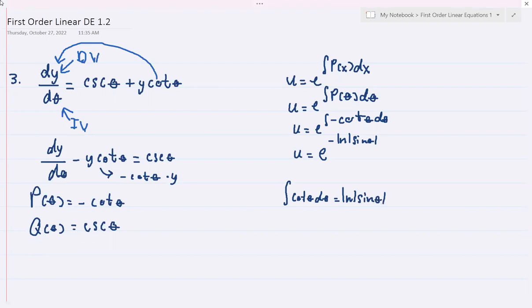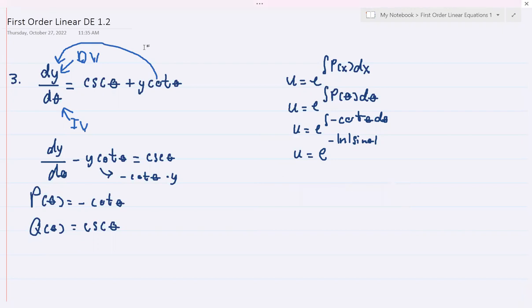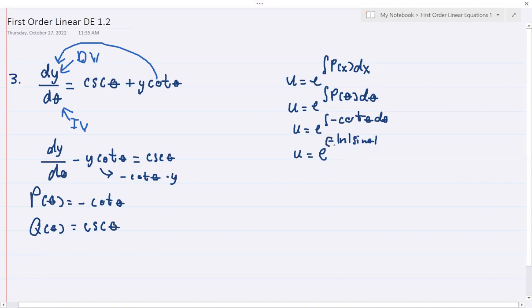So you can have e raised to negative ln of sine theta. And remember that we simplify by the laws of logarithm, we have a negative in here, so we're going to bring it to the sine.